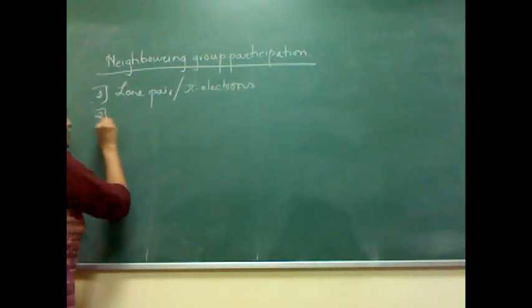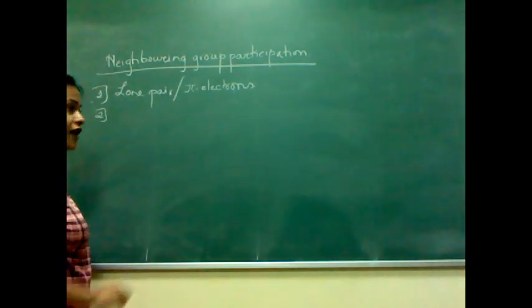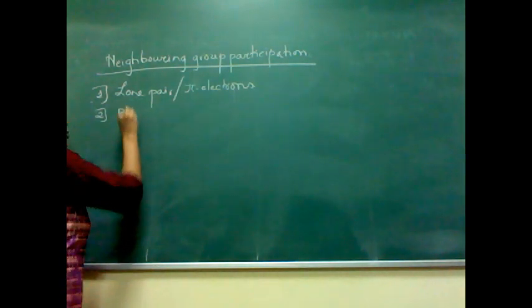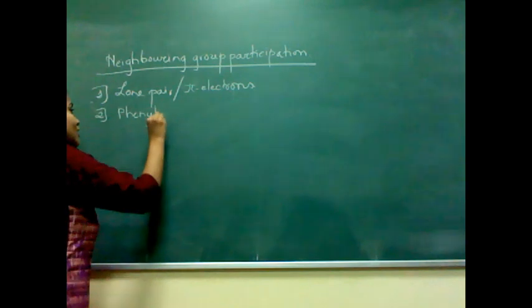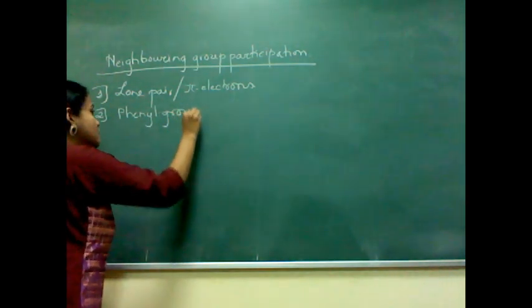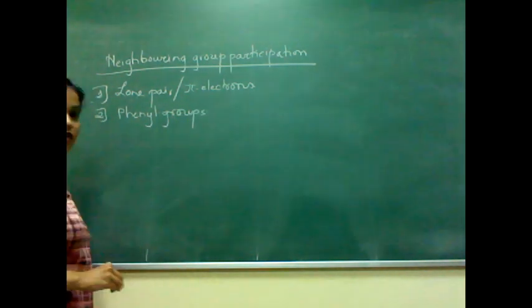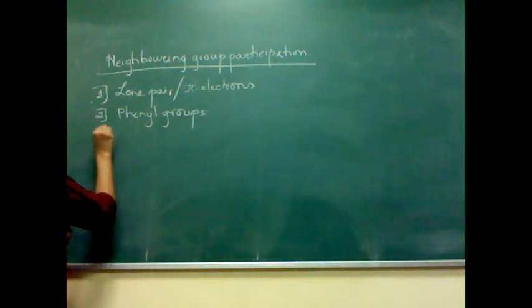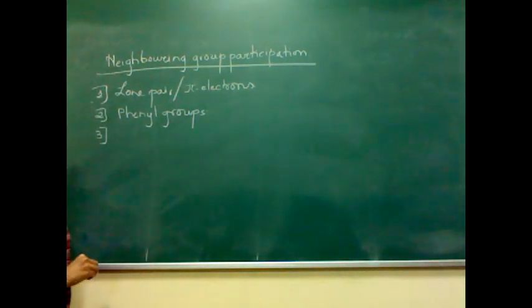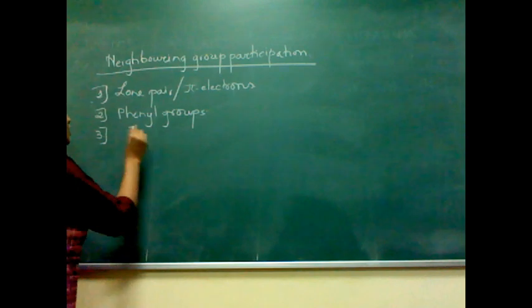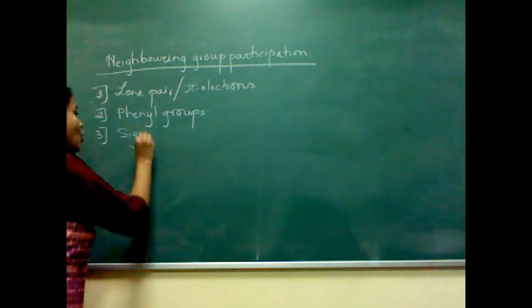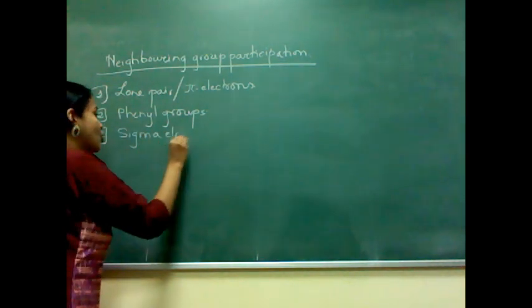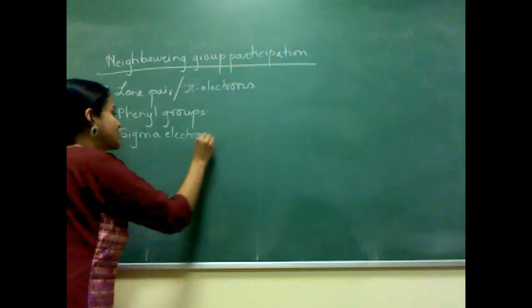The second type is with respect to phenyl groups in the structure, and there is one more type which occurs due to the presence of sigma electrons or sigma bonds.